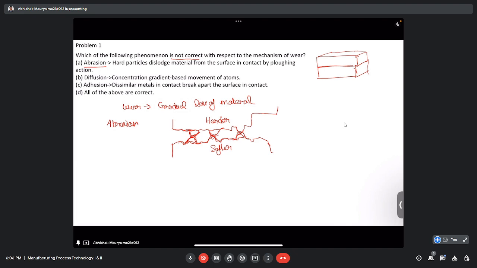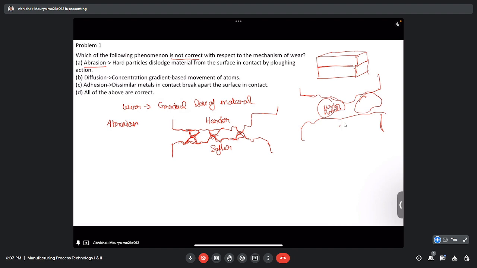It is an example of two body abrasion. Similarly, there is a possibility of three body abrasion. Suppose we have two bodies like this, and in between we have some hard particles. When there is relative motion between these two bodies and a harder particle in between, this harder particle will remove material from both the upper body and the lower body.